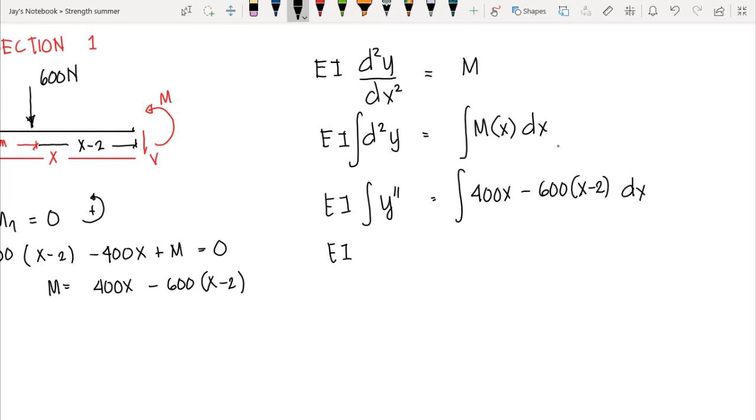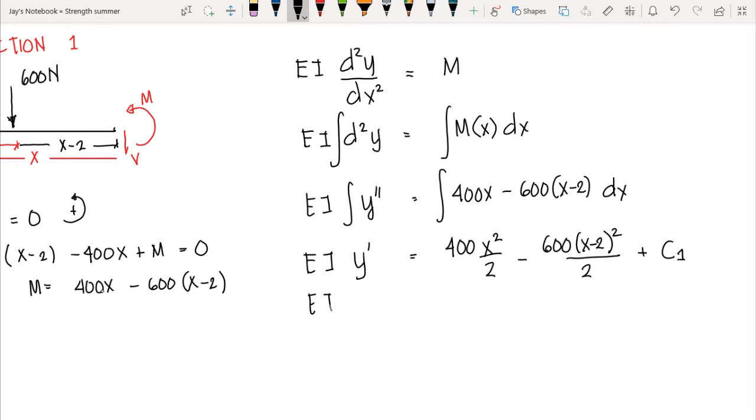In first integration, the integration of the double derivative of y gives us the first derivative of y, which is equal to 400 x squared over 2 minus 600 x minus 2 squared over 2 plus c1. So by further evaluation, we have EIy prime is equal to 200 x squared minus 300 x minus 2 squared plus c1.